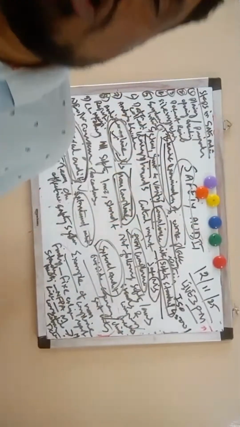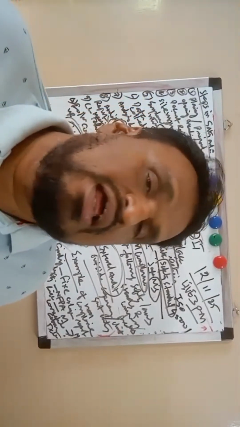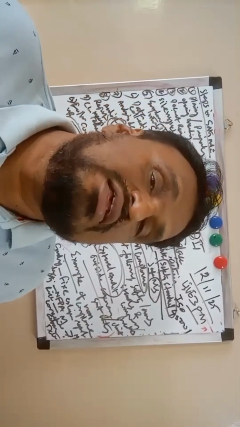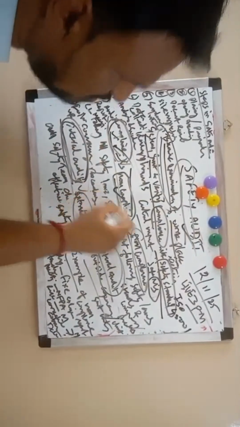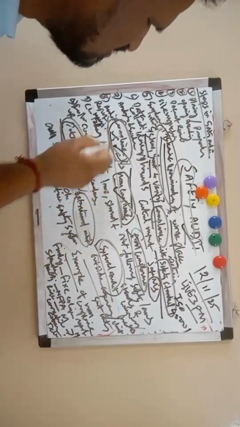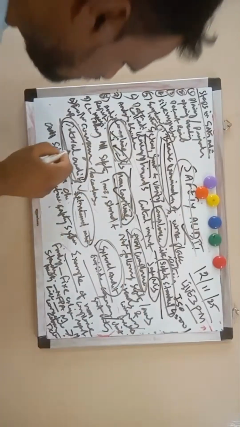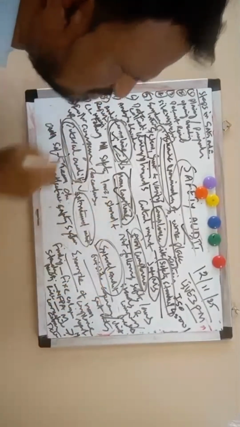Based on the safety audit report only, you can tell that your organization has a proper safety system. So in this case, you know what is safety audit, what is compliance, what is non-compliance, what is internal audit, what is external audit, and how the process goes on.